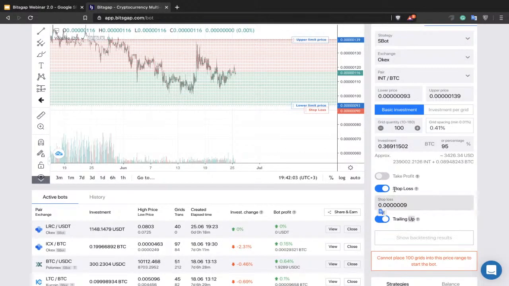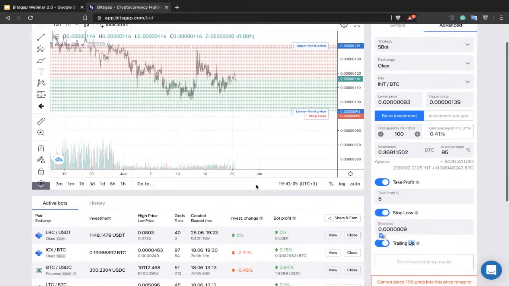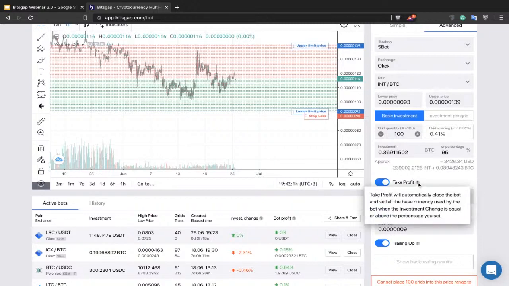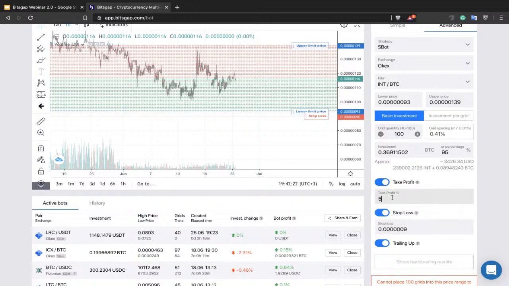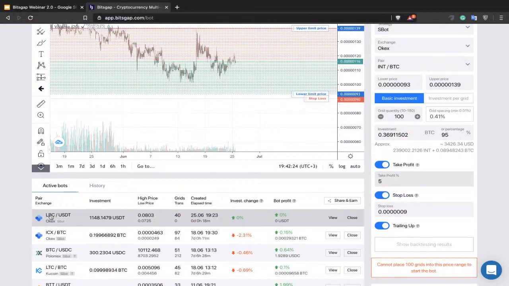And by the way, take profit is a brand new feature launched, I think, three weeks ago. With take profit, you can now establish the percentage of the investment change that you want to reach. Let's say you set 5%. As soon as the bot reaches 5% of the investment change, it will automatically close the bot.